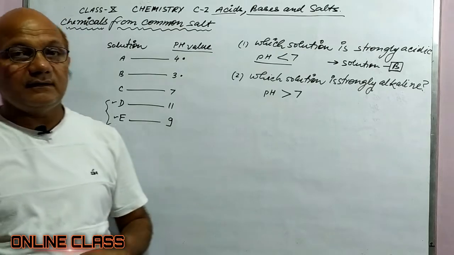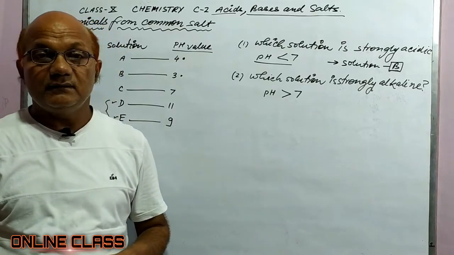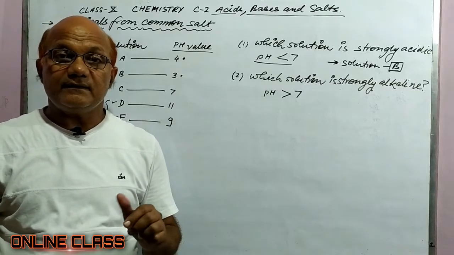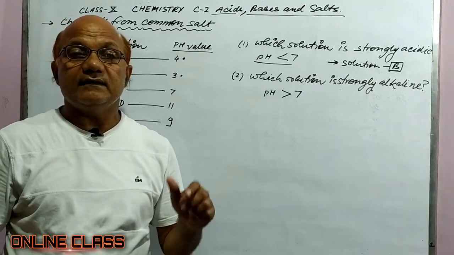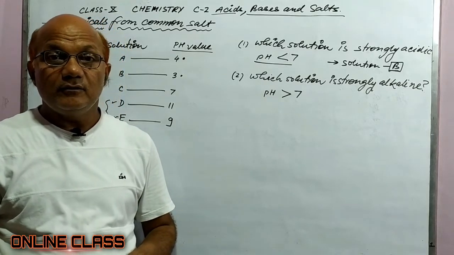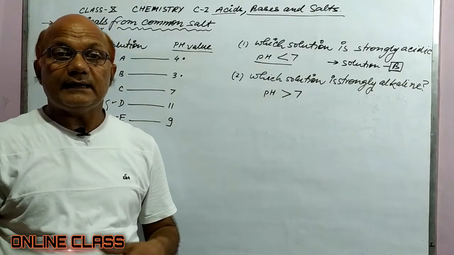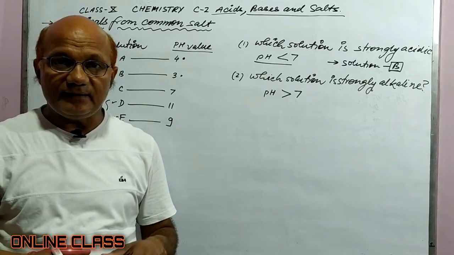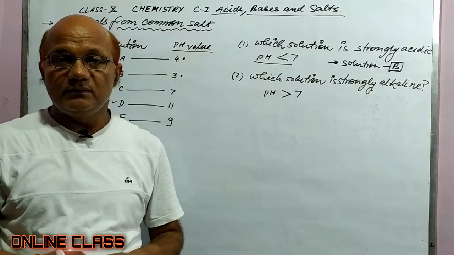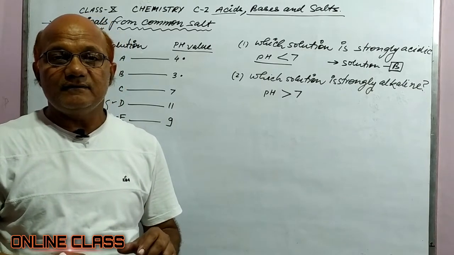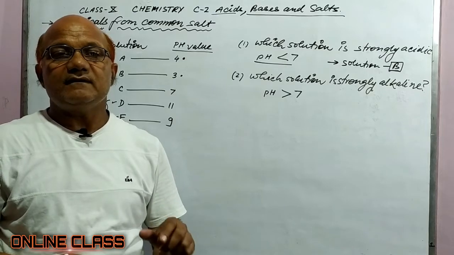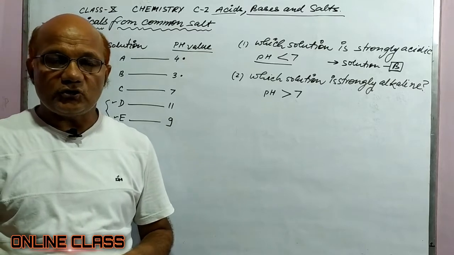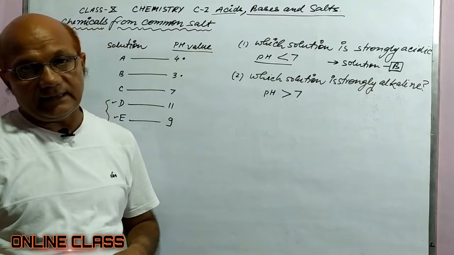So, you can see from the clue that greater the pH value, lesser the H plus ion concentration, and more alkaline is the solution. Means the solution which has greater pH value, that solution has lesser H plus ion concentration, and that solution will be strongly alkaline.